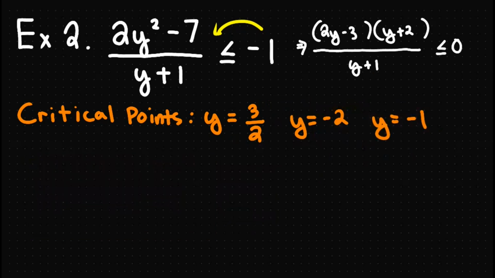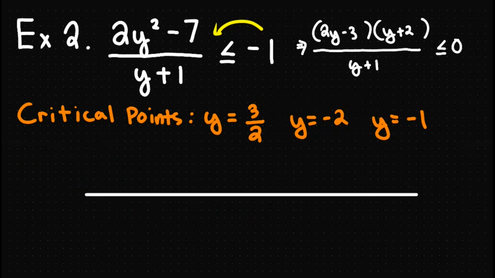And now we have our critical points, so we can go on to our number line. Let's plot in our points. Let's have negative 1 here, then negative 2 here, and 3 over 2 here.